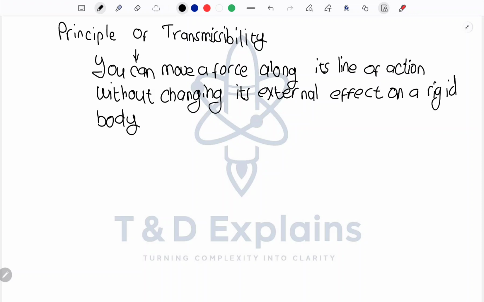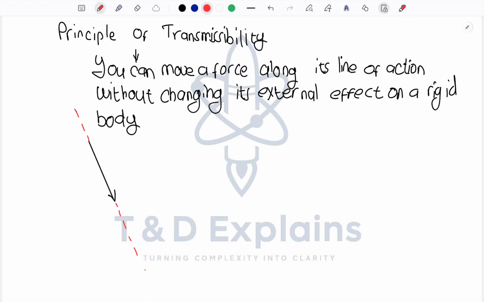A rigid body, like I said, is a non-deformable body. And what is meant by a line of action? Suppose that we have a force which points in a certain direction, and the line of action basically is this line that continues to follow the direction of the vector, actually, not a force. Okay, so yeah.